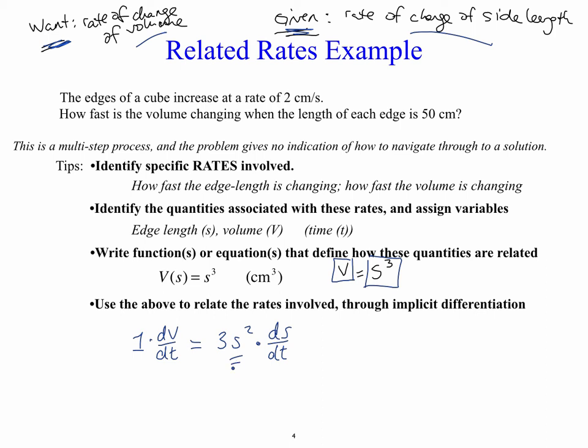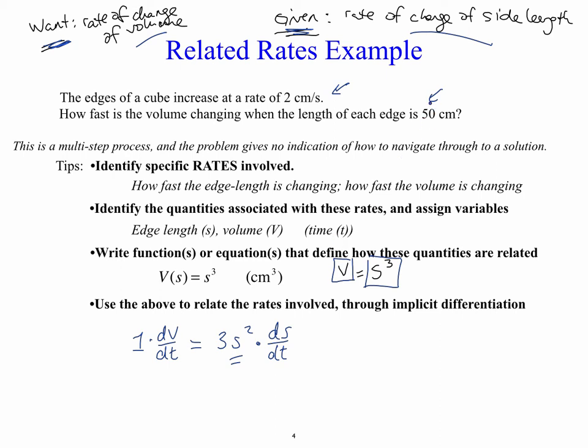Something that I heard earlier was this idea of plugging in, because remember, there were actual values given to us at the get-go. I waited until the end to plug in values because of what would have happened if I plugged them in at the beginning.